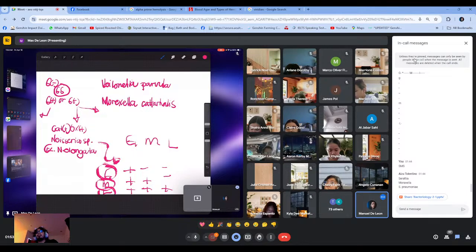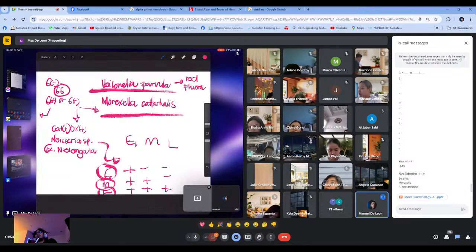Ang difference, red fluorescence, di ba? Then simula kasi, DNAse. Oh. Diba?